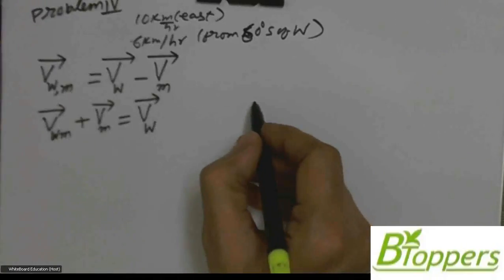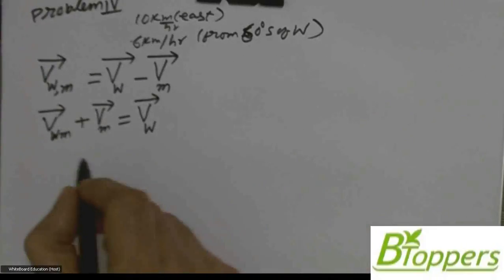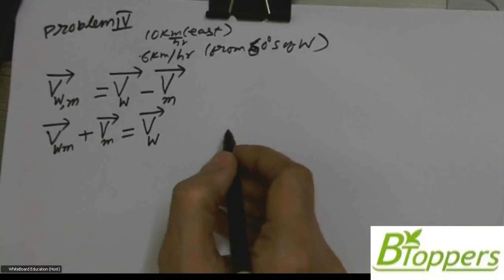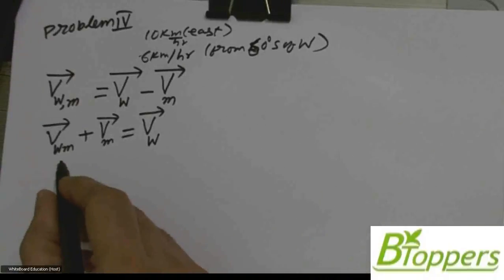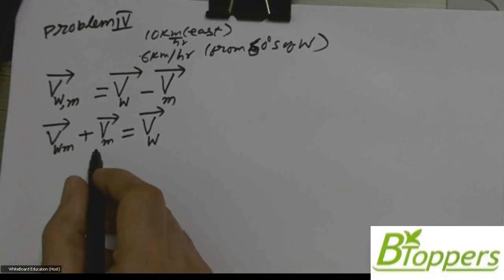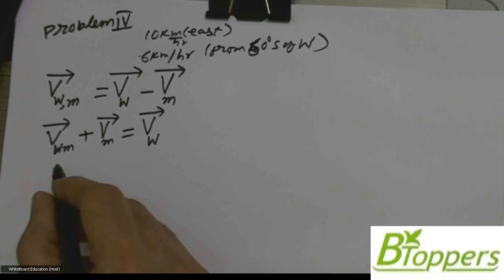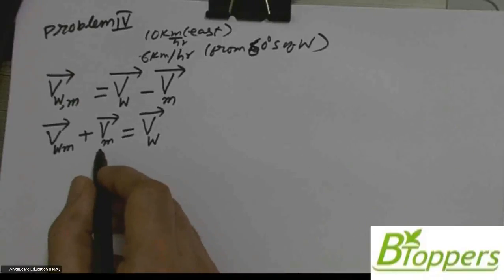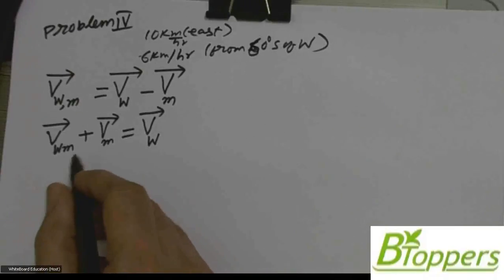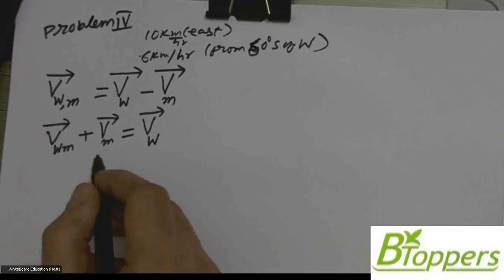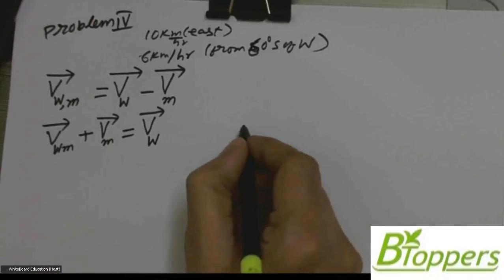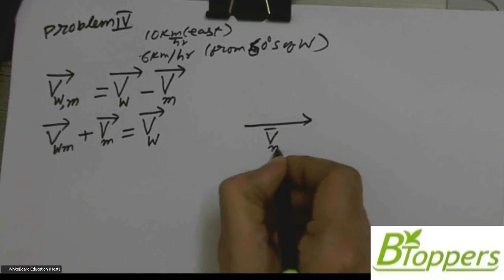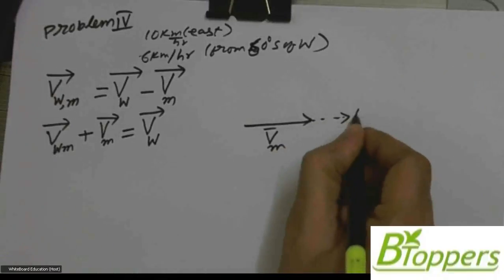So you can try to represent the 2 vectors V bar Wm and Vm bar graphically by the adjacent sides of a parallelogram, such that tail of one vector is attached to the tail of the other vector. So the velocity of the man is directed towards east.